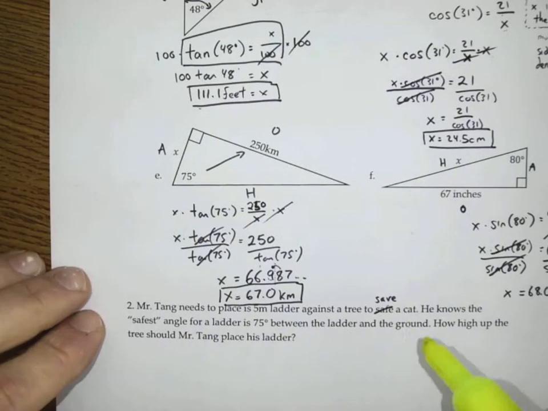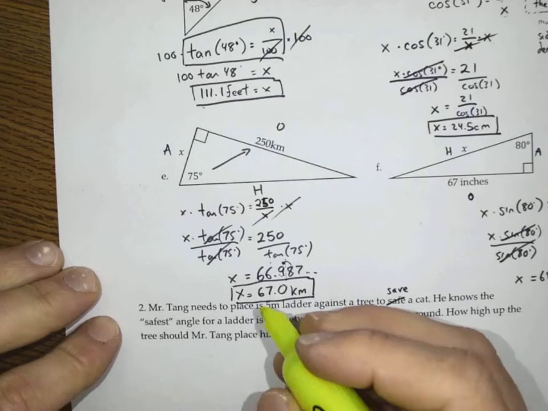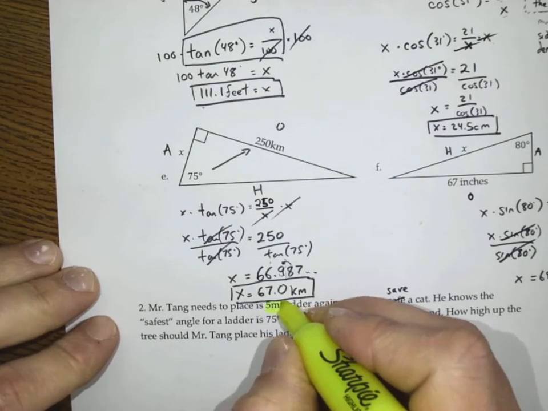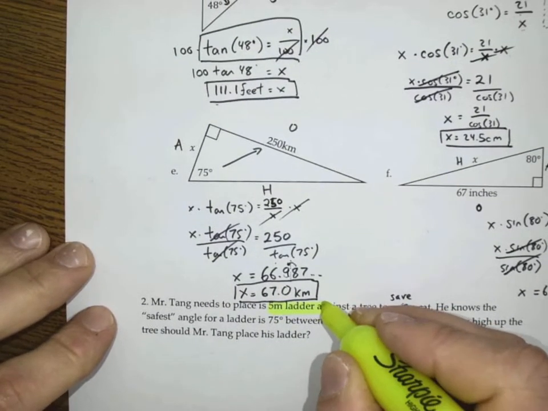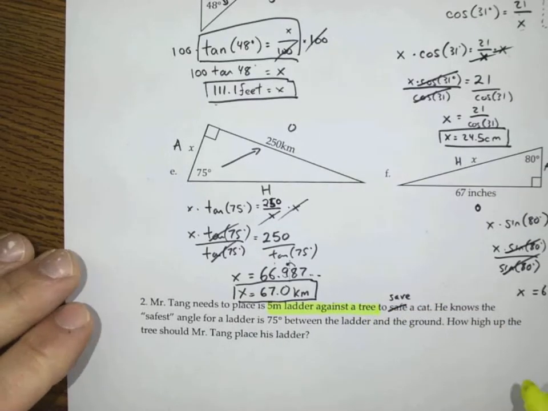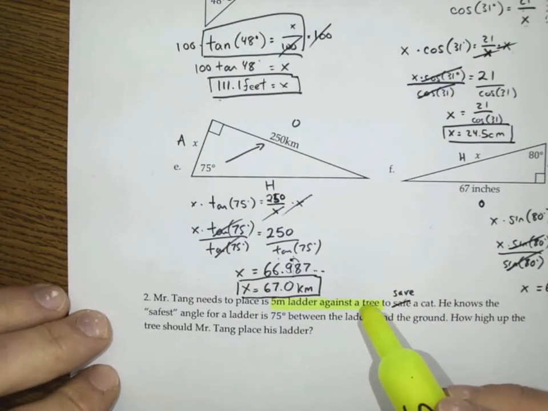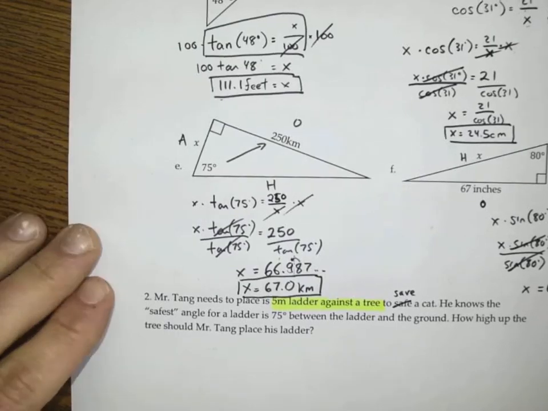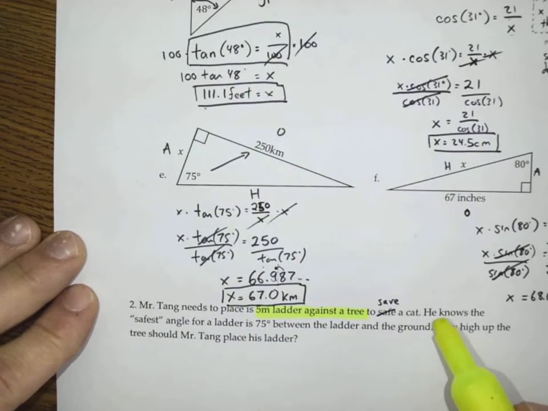Going back to that sentence, what do we need? It looks like it's important that we're talking about a 5-meter ladder. And it's going to be against a tree. I'm going to highlight that too. Because I can imagine a tree, and I probably imagine a tree is vertical, which means it's going to be straight up and down. We'll come back to that. So what do we know?